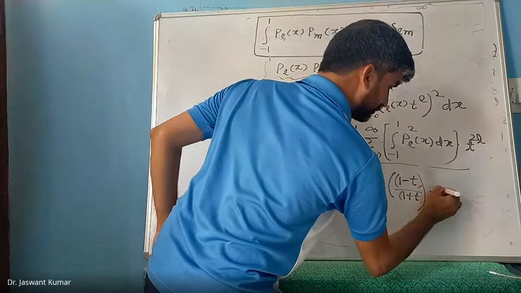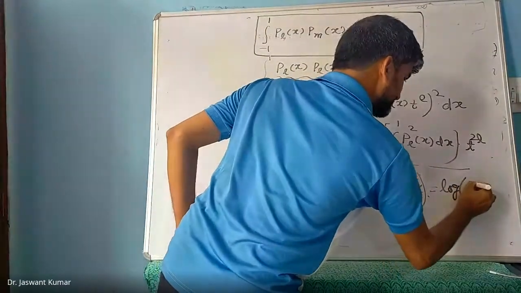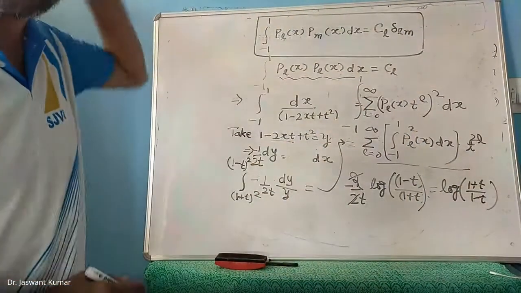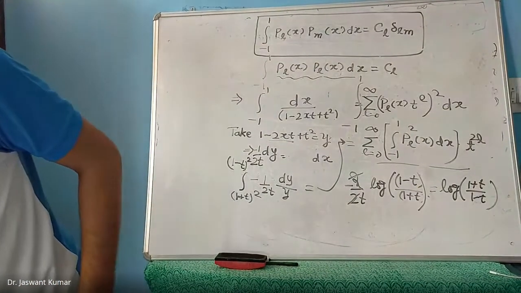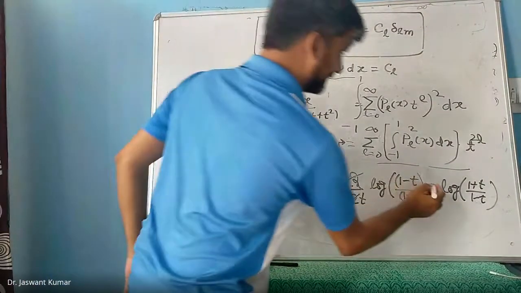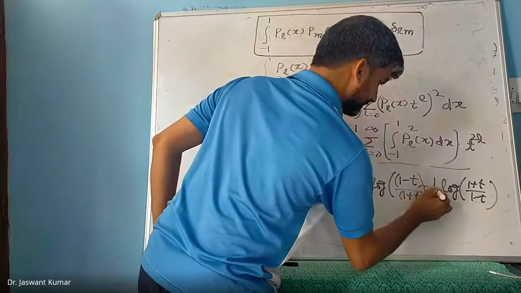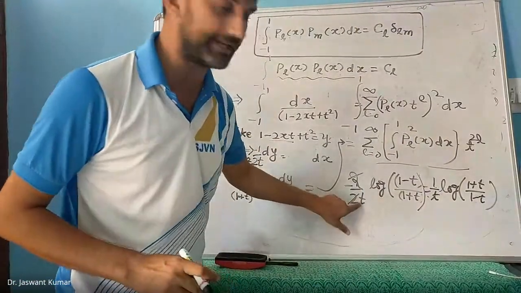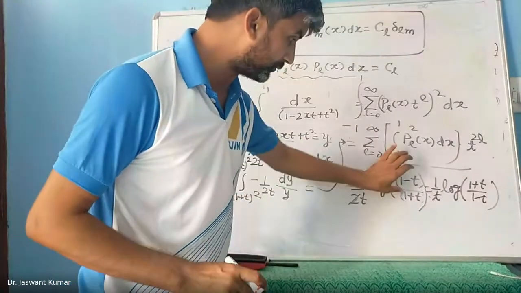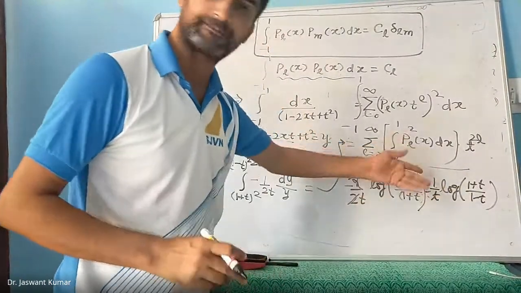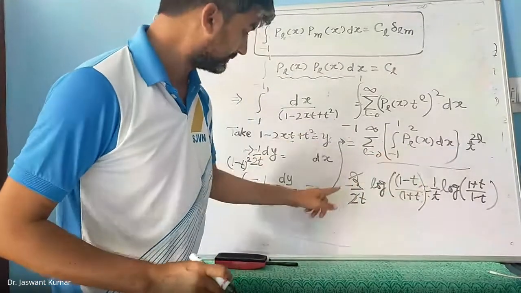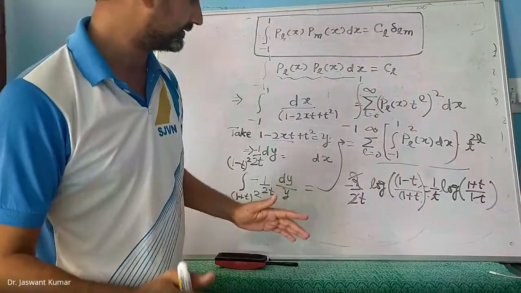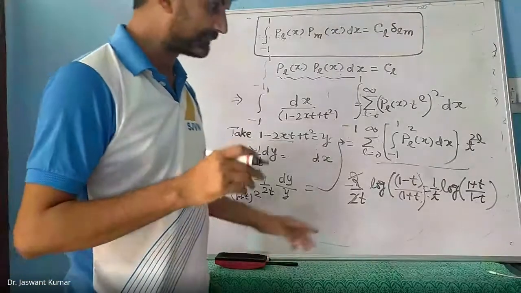So this term will be equal to logarithm of 1 plus t by 1 minus t, into 1 by t. This 1 by t is from here. Tell me if this is alright with you or not. We have reversed it because there is a minus sign over here. Happy everyone? Yes, sir. Shabash.